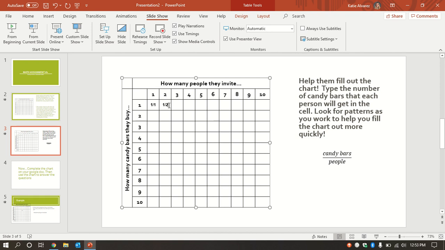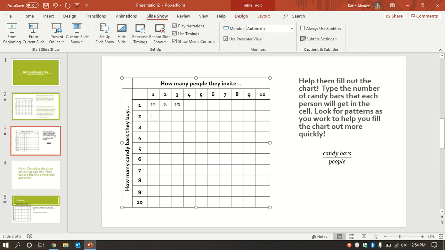So you might be thinking, if they only buy 1 candy bar and invite 2 people, then each of those 2 people is only going to get half of a candy bar. If you continue down this row, you're always only going to have 1 candy bar. The thing that is changing is the number of people being invited to the party. I'm going to stop there and let you finish that row.